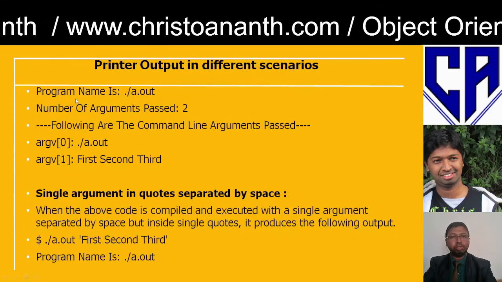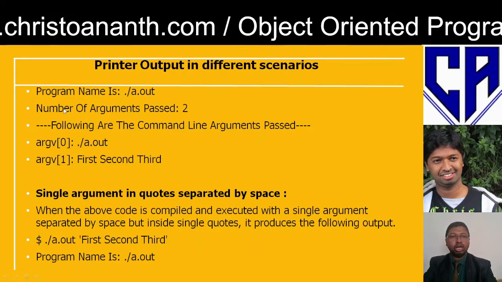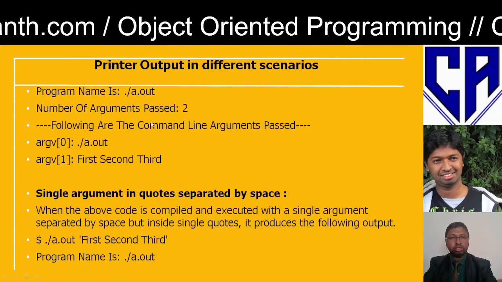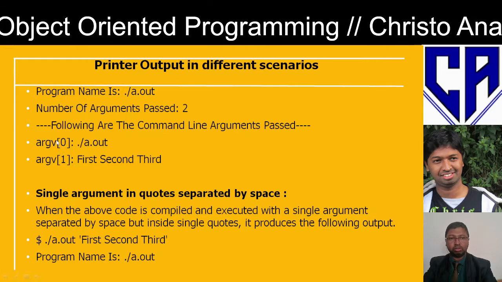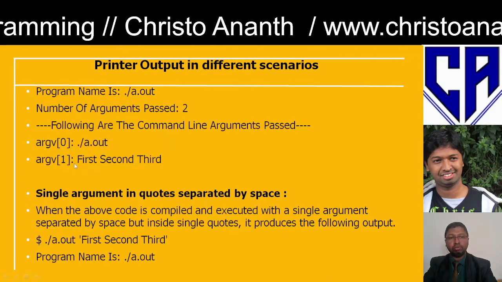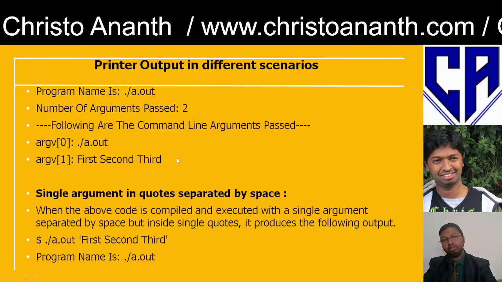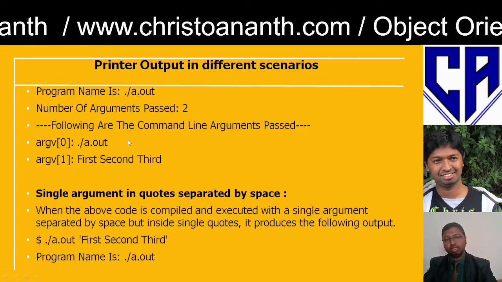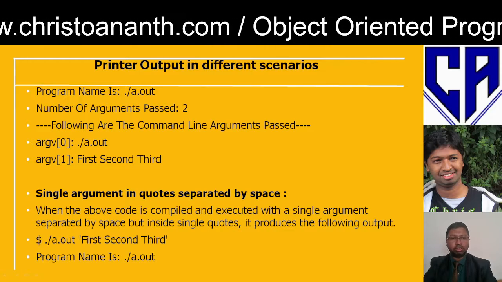For the output, the program name is a dot out, and the number of arguments passed is 2, followed by the command line arguments. So argv[0] is a dot out, argv[1] is first, second, and third, which is a single argument in quotes separated by spaces.